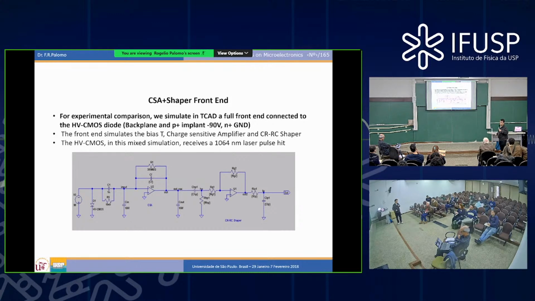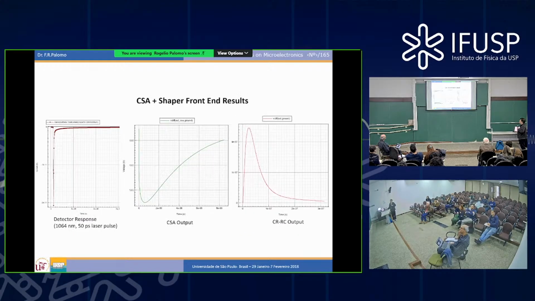The electronics was simulated in HDL Spectre. In TCAD, you can have access to a professional version of SPICE, HDL Spectre, and then you can see how this whole device will behave when you hit it with a laser pulse or with a particle. And it worked. If not, I would not be here presenting the results.